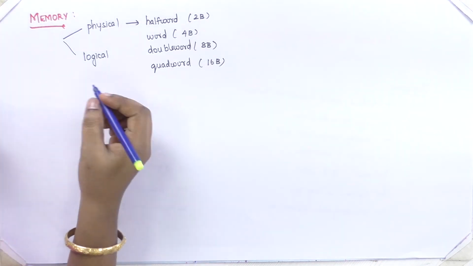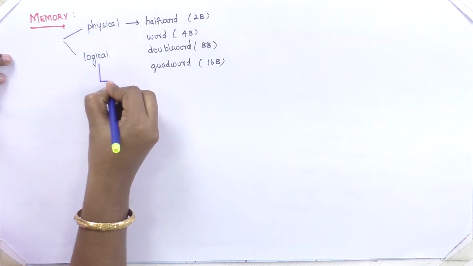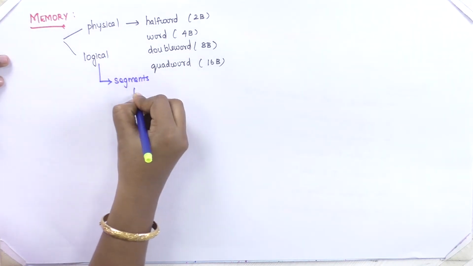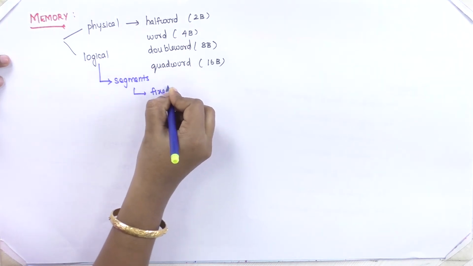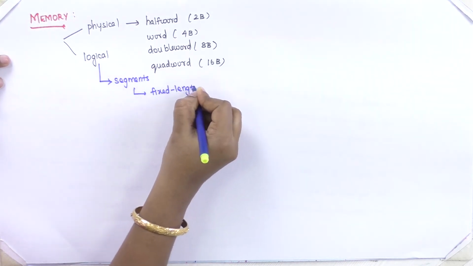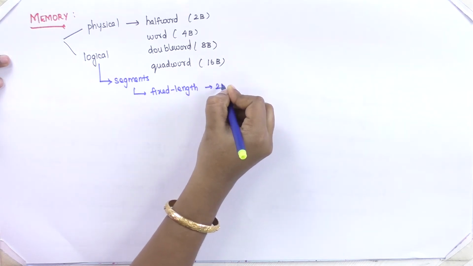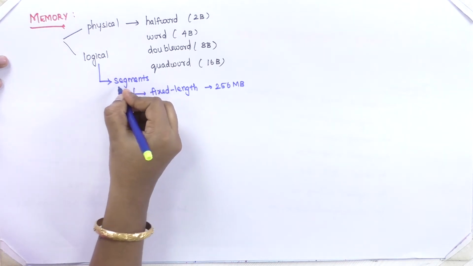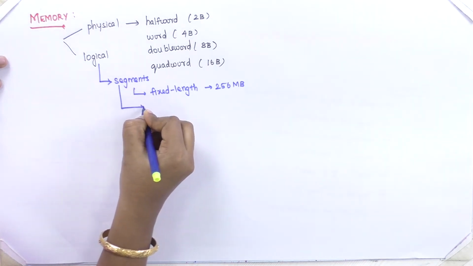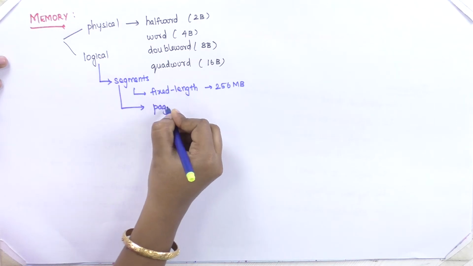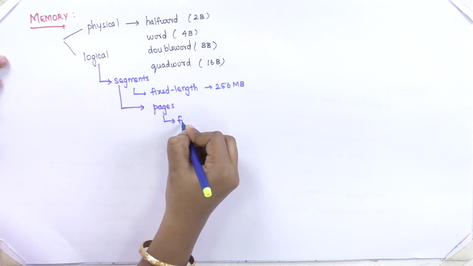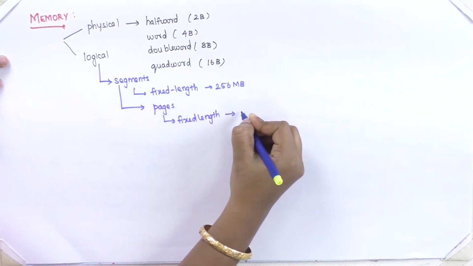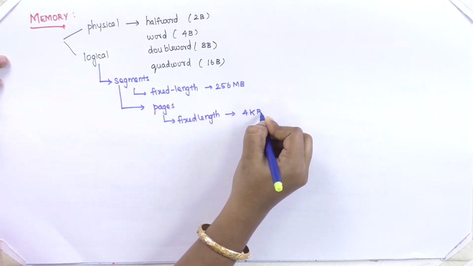Coming to logical memory, logical memory is segregated into segments. The segments are of fixed length. The length of each segment is 256 megabytes. Again, segments are segregated into pages. Pages are also of fixed length. The length of each page is 4 KB.